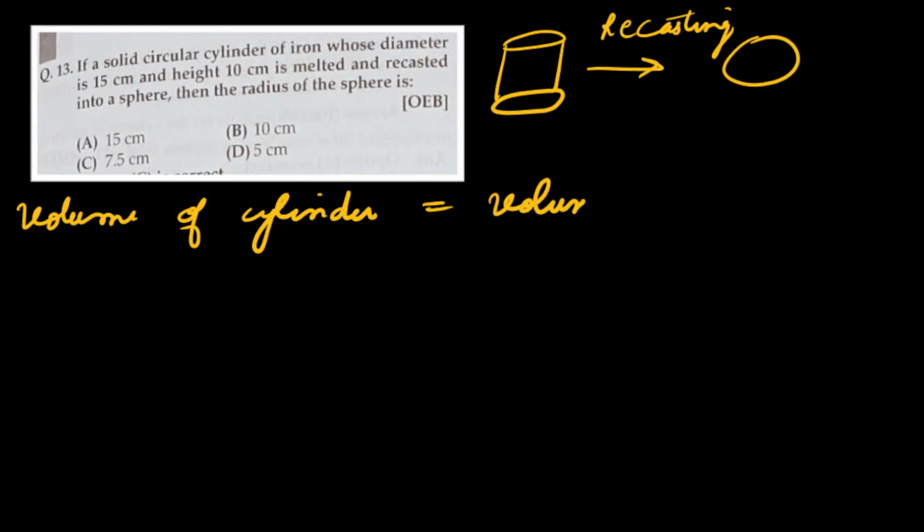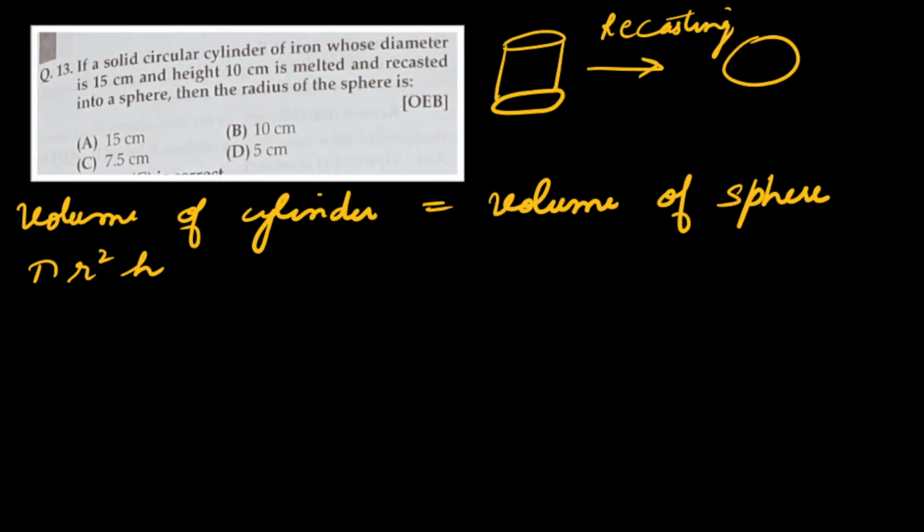So volume of cylinder is equal to volume of sphere. The volume of a cylinder formula we know, it is pi r square h.